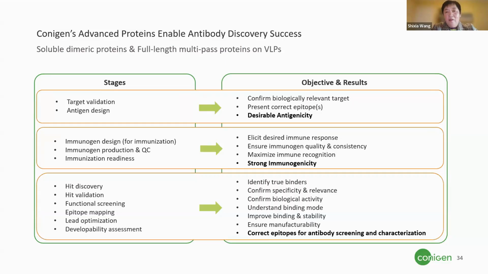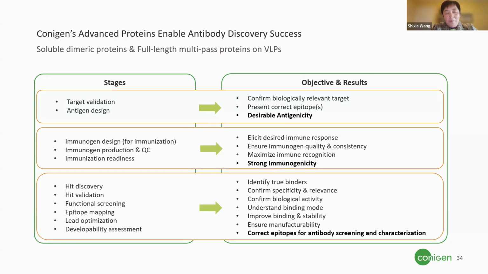The second box shows the immunogenicity. The goal is to generate immunogens with a strong immunogenicity to induce desired antibody responses and high-quality antibody responses.